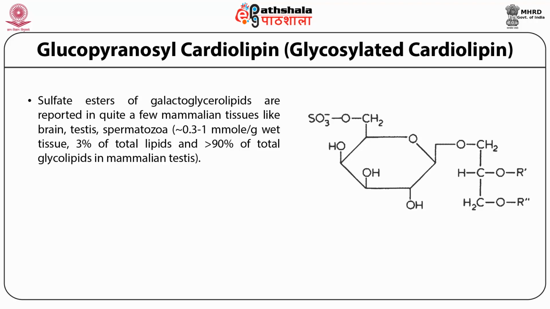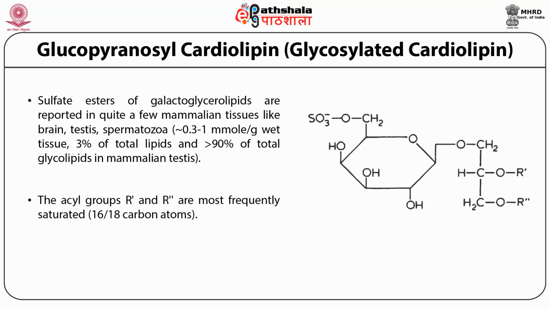These constitute about 3% of total lipid and more than 90% of total glycolipids. The acyl groups at R' and R" are most frequently saturated. That is, they contain either 16 or 18 carbon atoms.